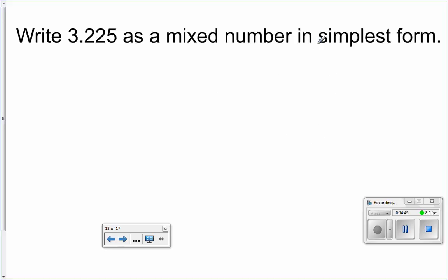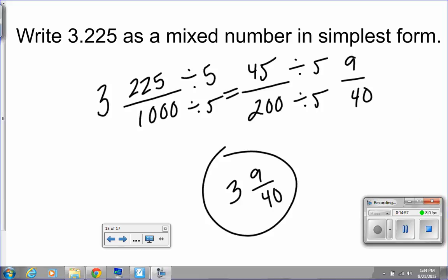Go ahead and try this one on your own. Again, hit the pause button and hit play when you're ready. Using your calculator, you should have first written that 3 is the whole number, 225 thousandths, there's 3 decimal places, so we know it's 1,000.